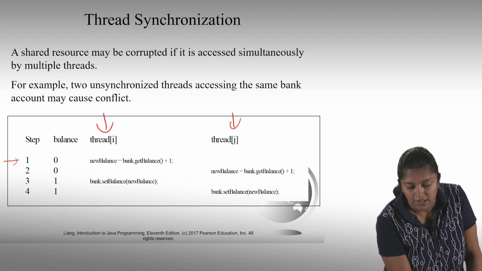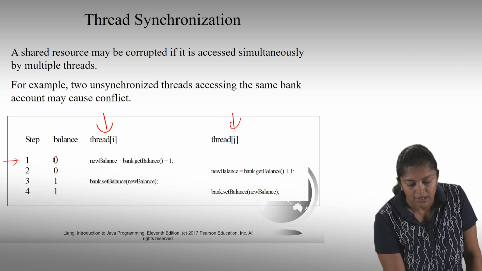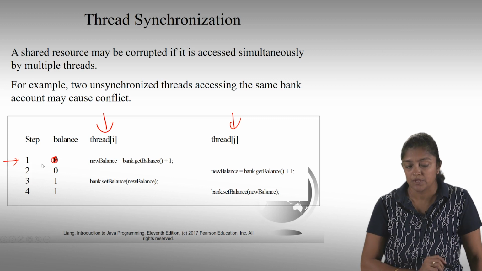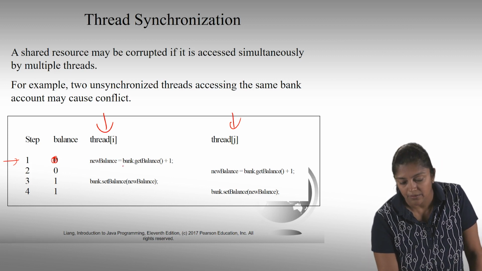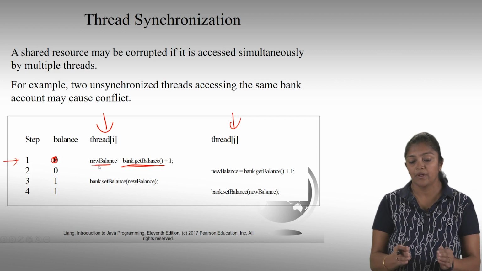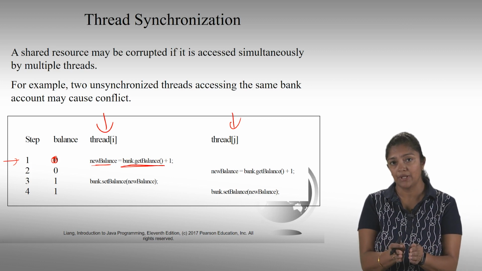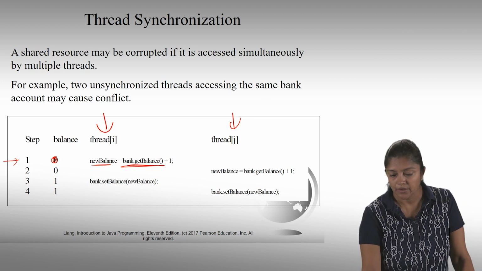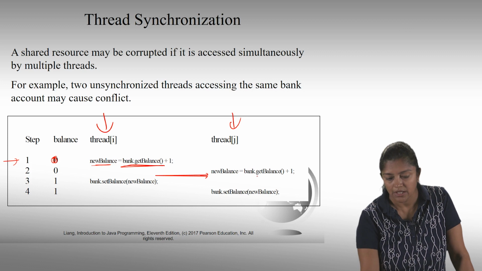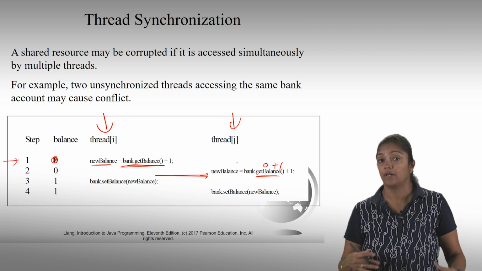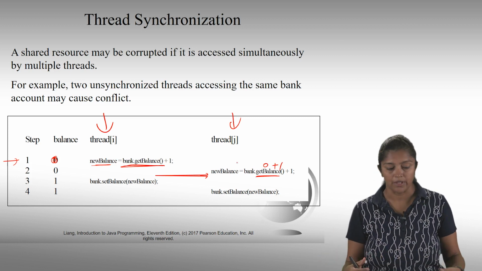So what could happen is, say initially both are operating on the same account and the balance in the account was 0, then bank.getBalance will fetch that 0, add 1 to it, and store that as the new balance. As soon as this instruction is completed, say the CPU time is switched to the second thread. In the second thread it's again going to get the balance, which is 0 currently, and add 1 to it, and the new balance with the second thread is now 1.